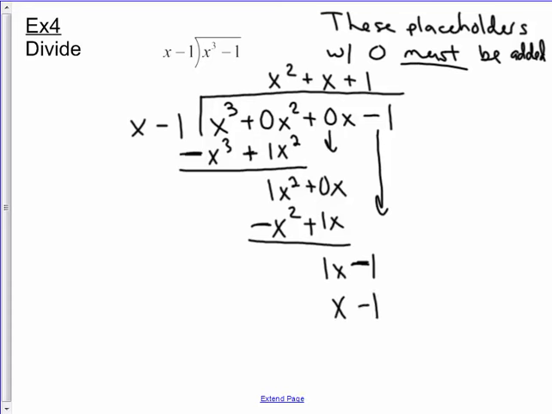So I'm left with x minus 1. When I subtract, my remainder is 0. So my final answer is simply going to be x squared plus x plus 1.